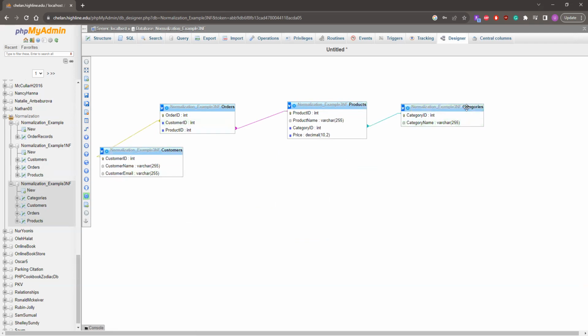So now we have categories. Category ID is coming from the categories table, and the name is hardware. If you browse the categories table, it's only going to have one line right now: category ID of 1 and the category name, which is just hardware. Now we have got rid of that redundancy, and it is considered 3NF.